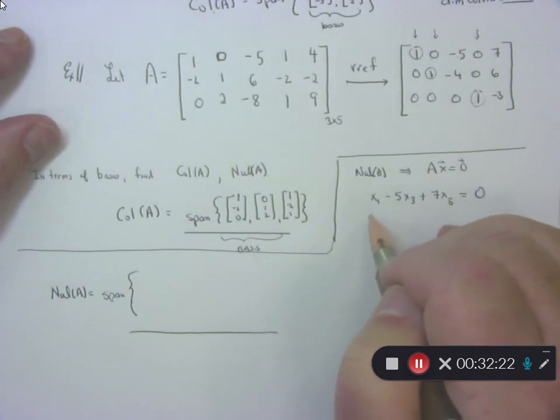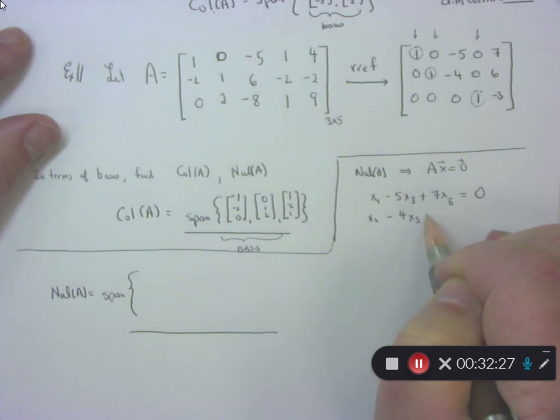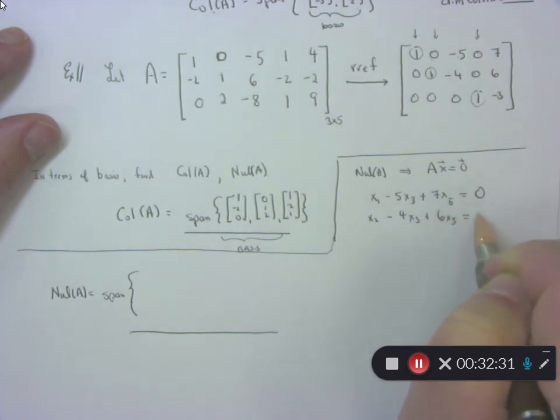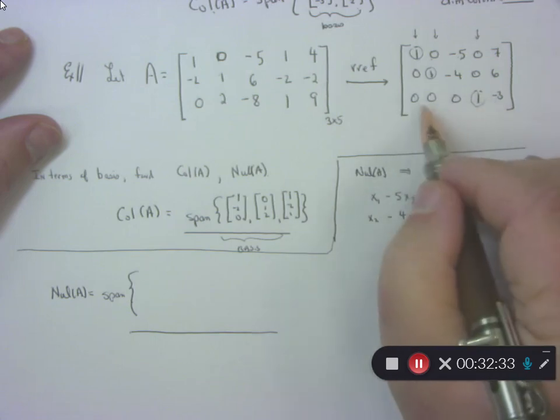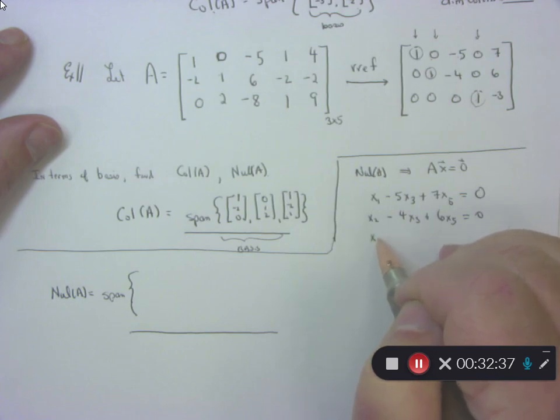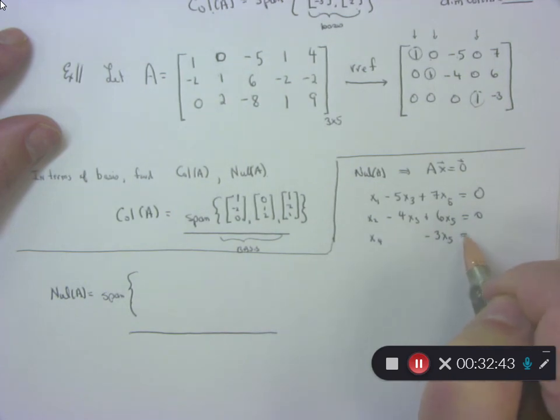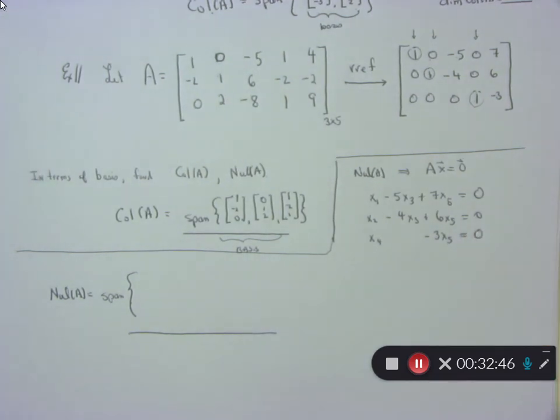It's going to be x2 minus 4x3 plus 6x5 equals 0. And the third equation is x4 minus 3x5 equals 0. Does that make sense?